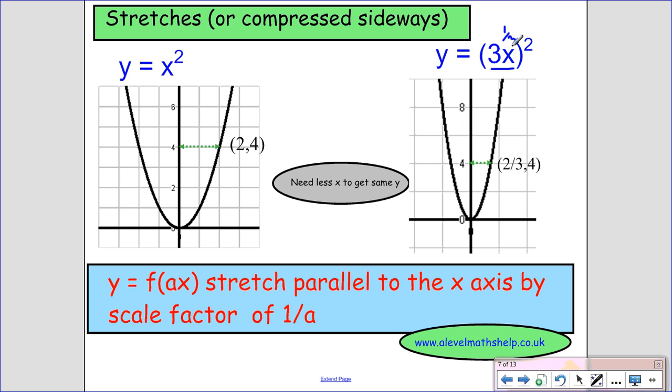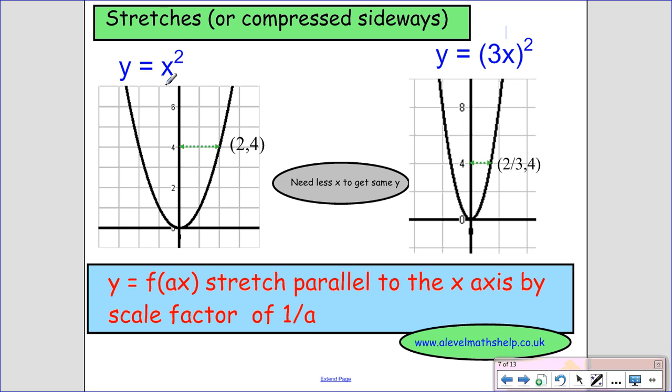So my x value has got smaller here by a factor of 3. If I had x equals 3 here, to get this to equal 3, I now only need x equals 1. So my x has got smaller by a factor of 3, because 3 divided by 3 would give me 1.